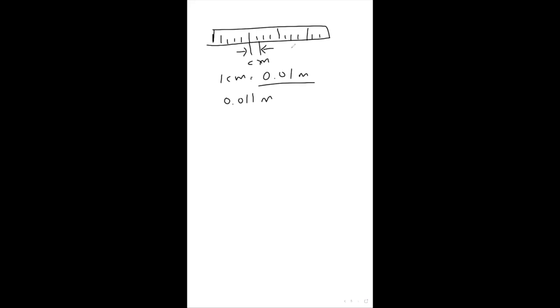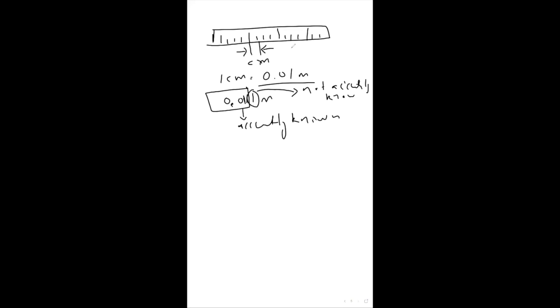These two digits after the decimal place are accurately known because this scale is able to measure up to 0.1 centimeter, right? Accurately known. But this last digit is not accurately known.